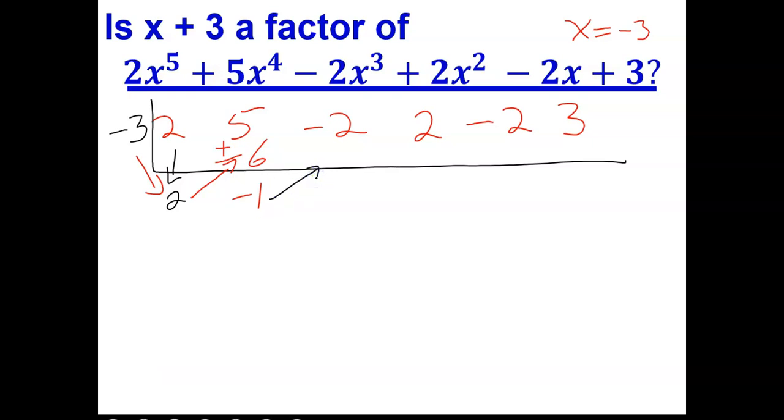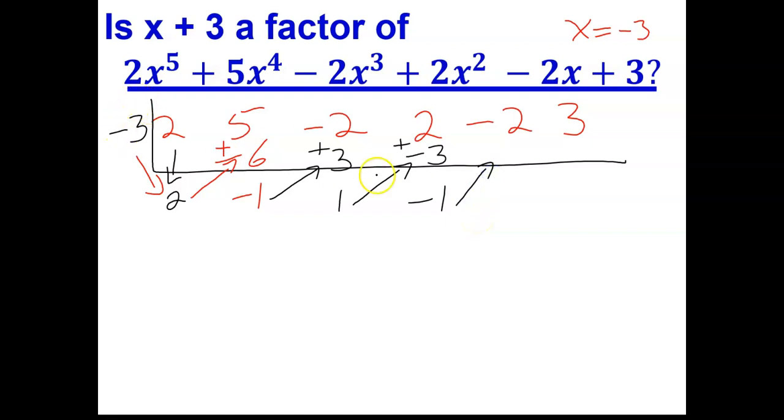So we have negative 3 times negative 1, which is positive 3. We add, we get positive 1. And then negative 3 times 1 is negative 3. We add, we get negative 1.